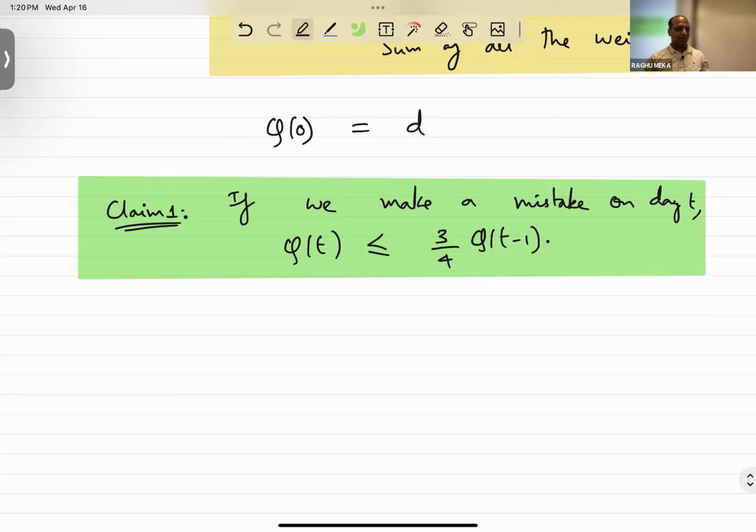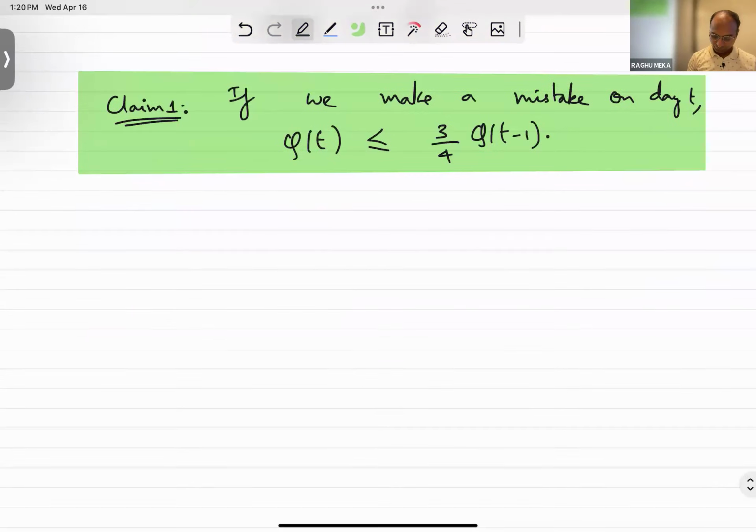The 3/4 comes in because if you made a mistake, that means that a weighted majority of the experts made a mistake, and all of their weights got hit by a factor of half. So half of the total weight was wrong, and you decrease all of that by half, so you basically decrease by a factor of 1/4. Which is how 3/4 comes in. All right. Let me just do this proof.